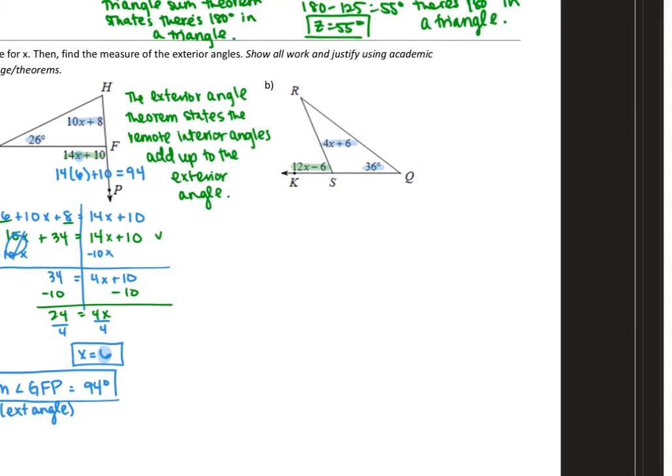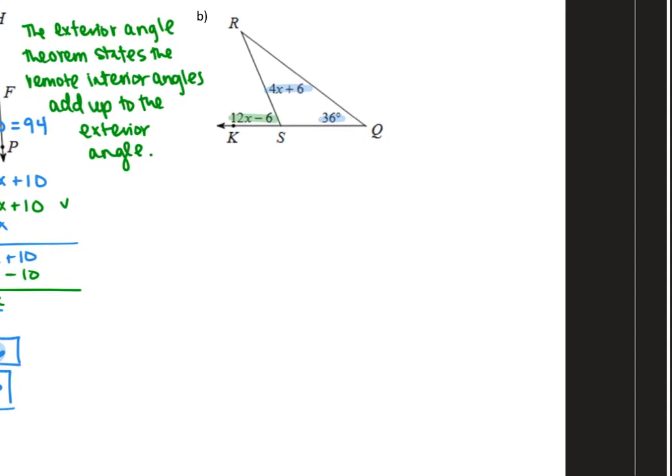All right, now looking at B, it's essentially the same type of problem, just with some different numbers. So I'm going to do interior plus interior equals the exterior angle. And we're going to solve. So combining like terms, it's going to be 4x plus 42 equals 12x minus 6.